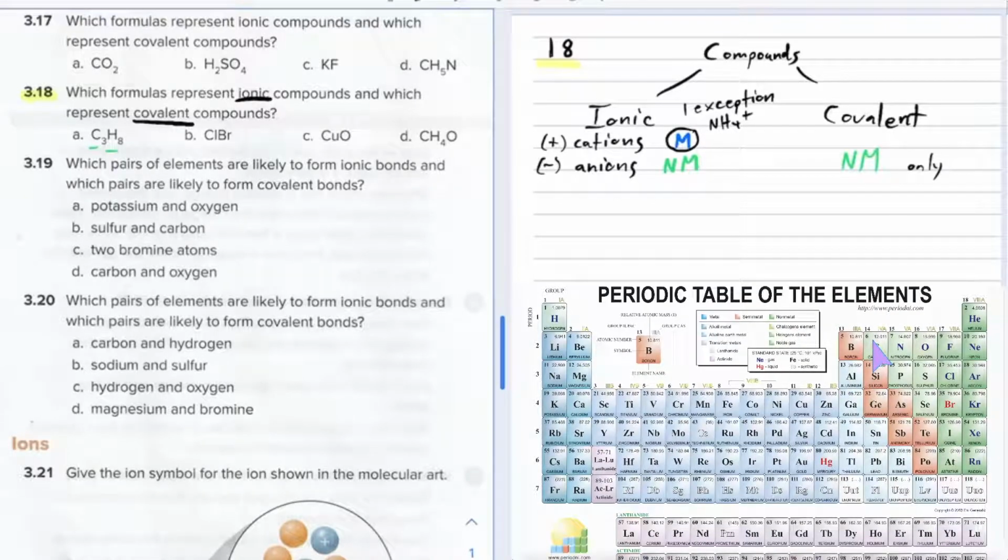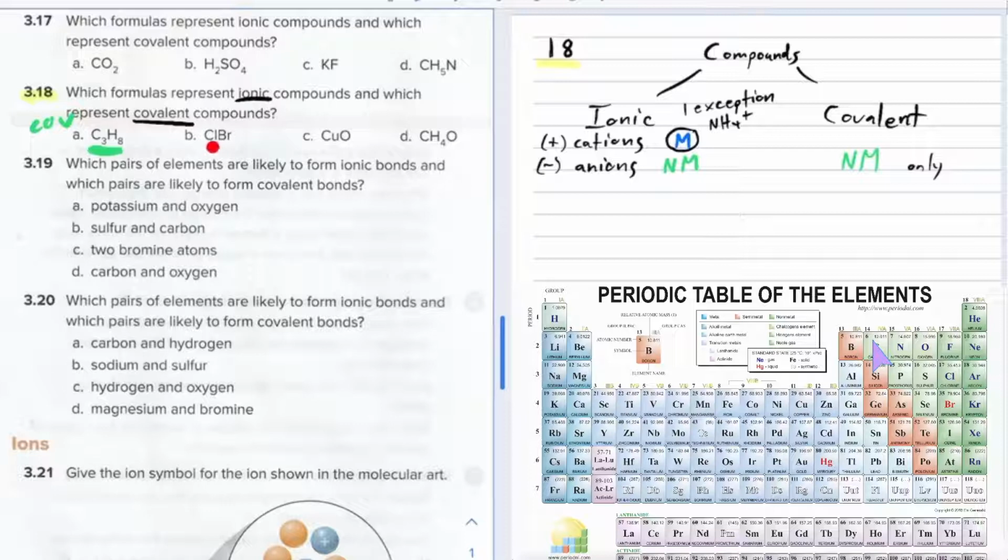So C3H8, that's a covalent compound. So I'll just put covalent right there. Now this is actually propane. Propane, C3H8. I'm sitting next to a propane heater right now as I record this.